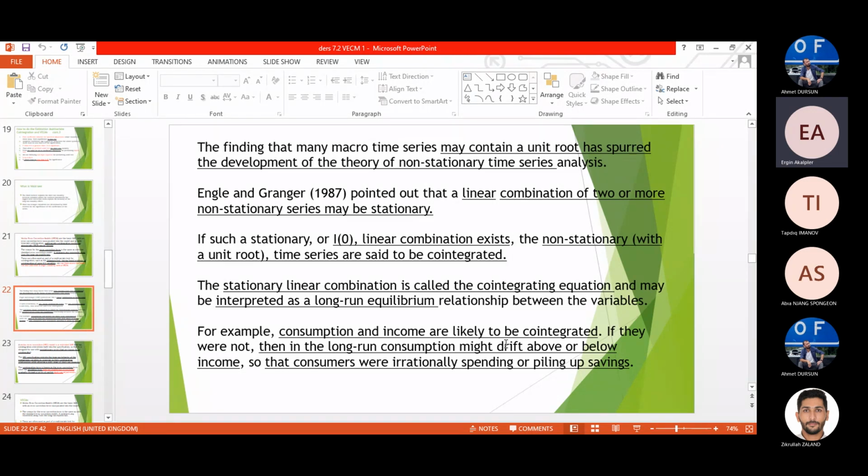The stationary linear combination is called the co-integrating equation and may be interpreted as a long-run equilibrium relation between the variables. For example, consumption and income are likely to be co-integrated. If they were not, then in the long run, consumption might drift above or below income, so that consumers were irrationally spending or piling up savings. That's the reason, because if you know some economics, the marginal propensity to save and the marginal propensity to consume sum to 1.